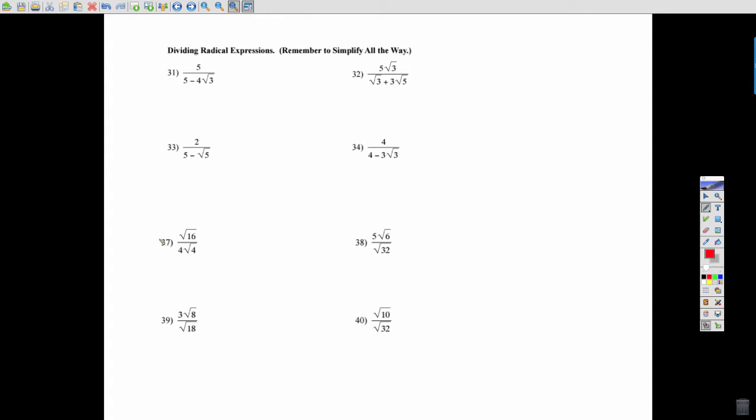Dividing. I'm going to start with the lower half. These are a little easier. There are several ways of doing it. You can combine. Treat this as there's an invisible 1 there.